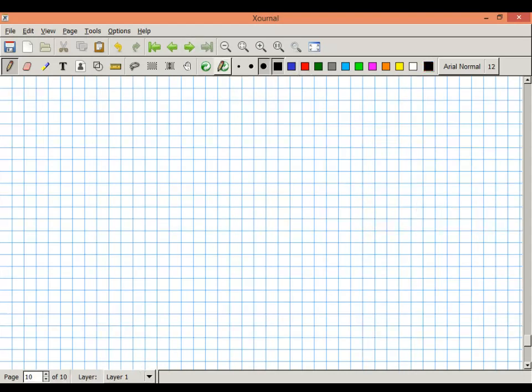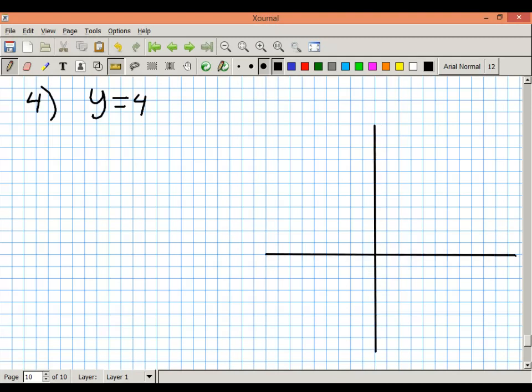Let's investigate a little bit further where y equals a constant. So let's say we want to graph y equals 4. Again, I'm going to put some graph paper up here. And let's put some points on the graph where all the y coordinates are 4. Where's y 4? Well, y is 4 right here. Y is 4 right here. Y is 4 right here.